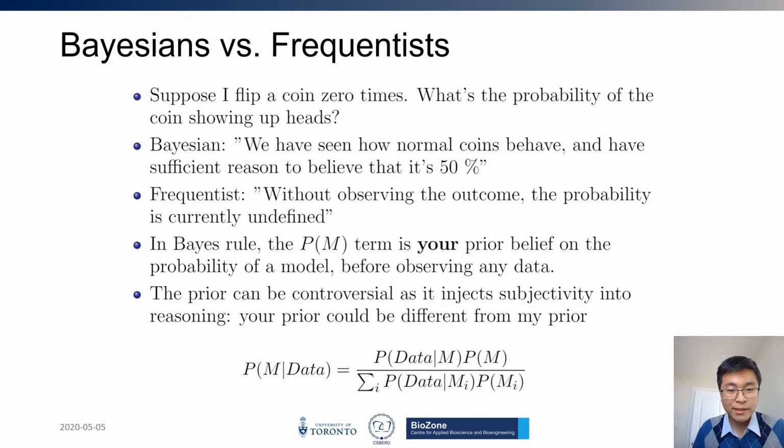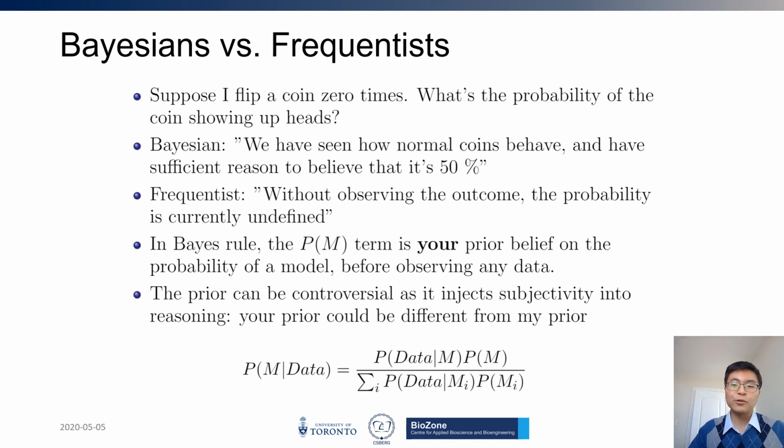But if you're frequentist, then you would say, well, without actually doing the experiment, we can't have a say on what the probability is. Because as a frequentist, you base the probability on the empirical observations from the experiment entirely.